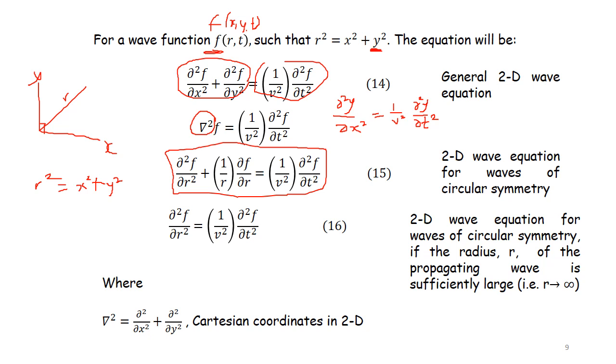And if the radius of such a circular wave is so large, maybe a water wave on a water body, maybe on an ocean, then the expression in equation 15 is reduced to this expression.